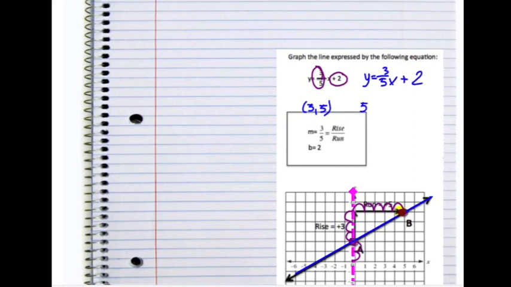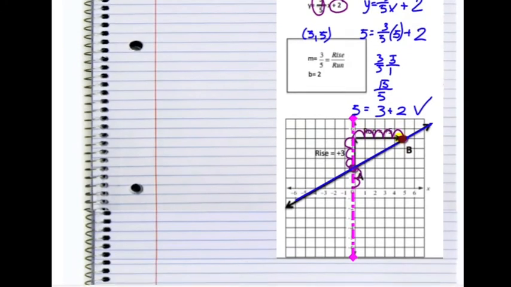If y is 5 and x is 5, is my equation true? Well, 3/5 times x is the same as 3/5 times 5/1, so I get 15/5, which is just 3. So 5 equals 3 plus 2. That's true. So I must have graphed my line in the correct location.